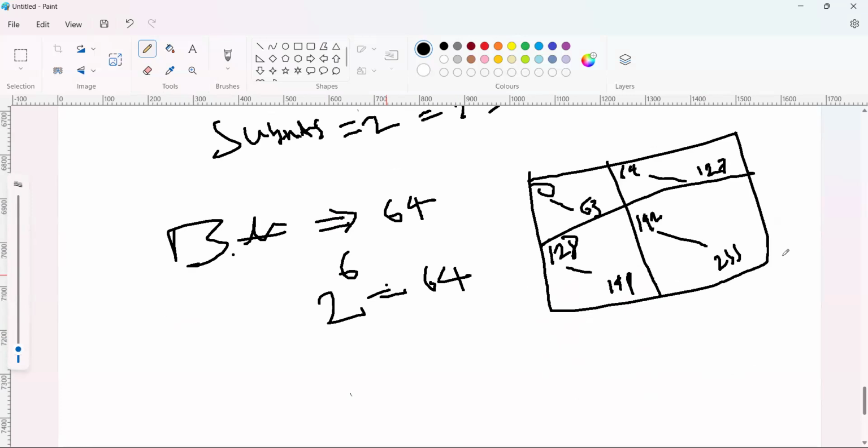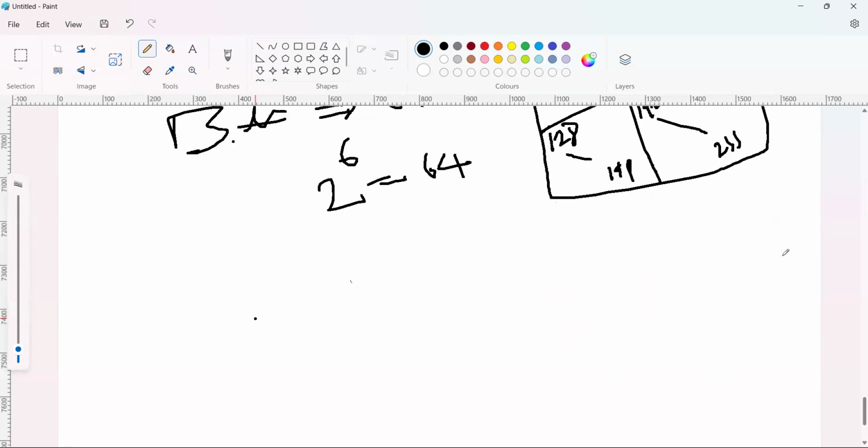Now move to the valid IP addresses. Valid IP addresses is 2 power h minus 2, which equals 62. Here the value is 64 minus 2, and we got the valid IP addresses.